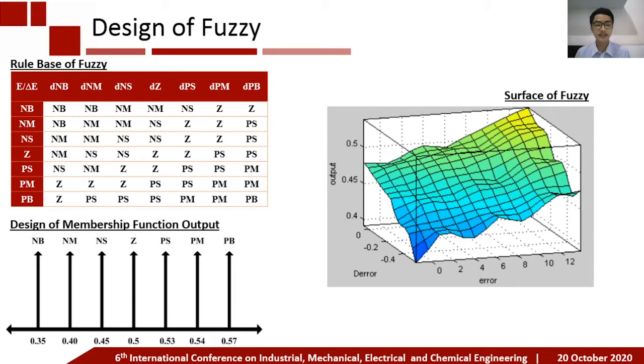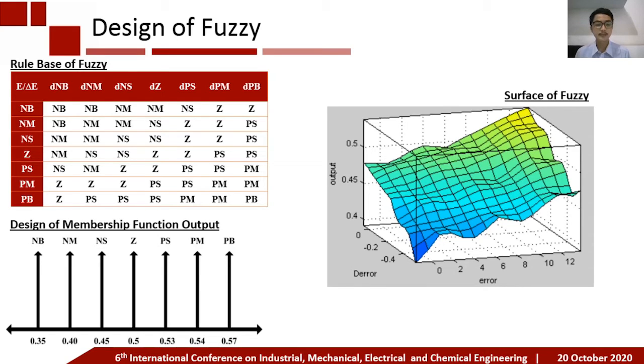Linguistic variables are defined as ND, NM, NS, Z, TS, TM, and TB, which mean large negative, moderate negative, small negative, zero, small positive, moderate positive, and large positive. Fuzzy rules are summarized in table. Fuzzy interface machine type is Sugeno.